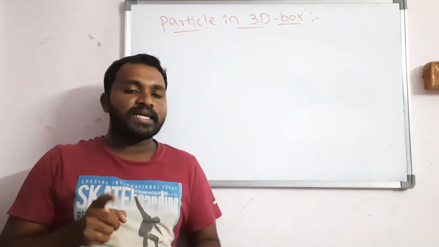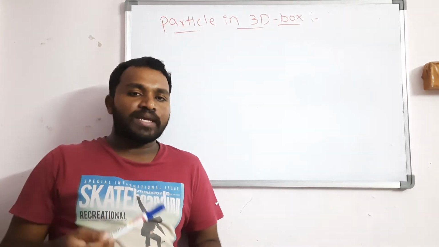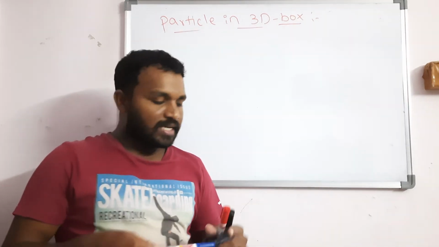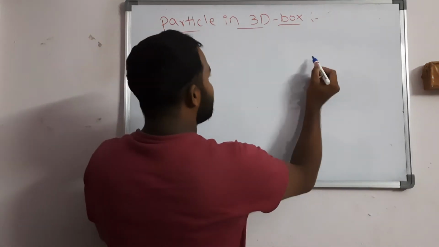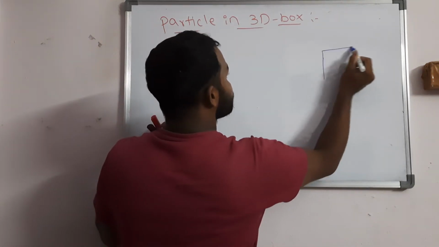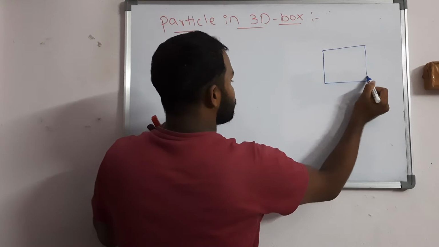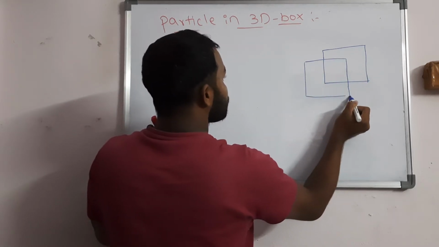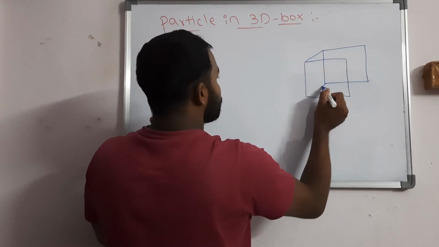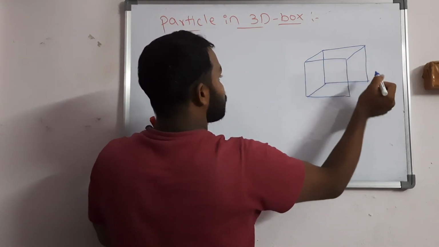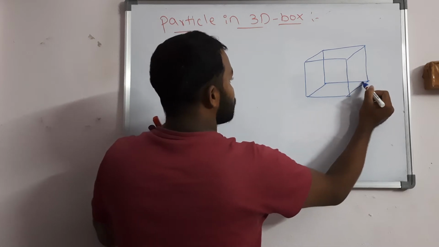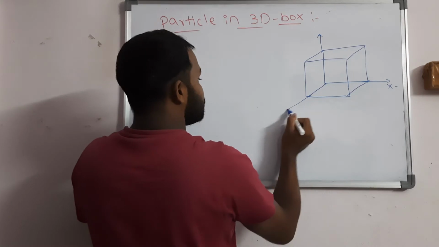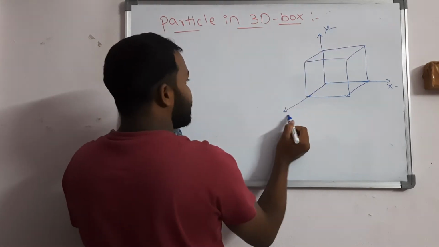So consider a particle of mass m that is moving along x direction is A, y direction is B and z direction is C. If it is the 3D box, this is x direction, this is y direction, this is z direction, right?